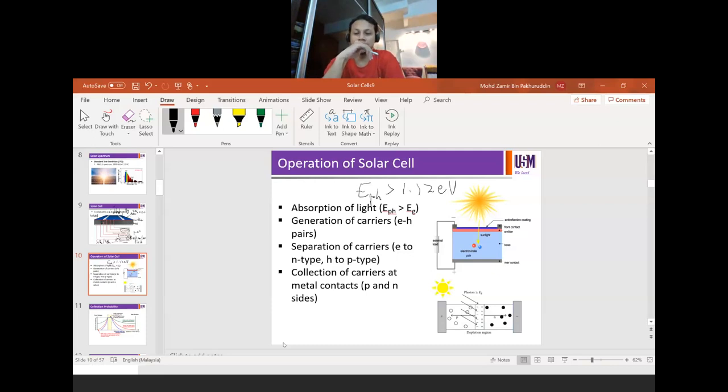So if the energy is not enough, what happens to the photons? Kemana photon tu? For example, if you look at this sunlight, there are photons in the sunlight, and it hits the solar cell. If the EPH is less than EG, what happens to the light? Apa jadi dekat sunlight tu, ke photon tu? It's not absorbed, so what happens?